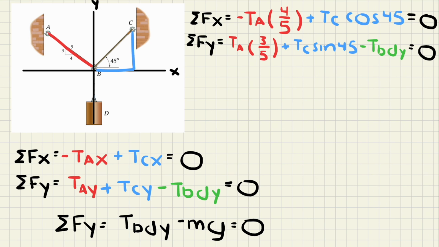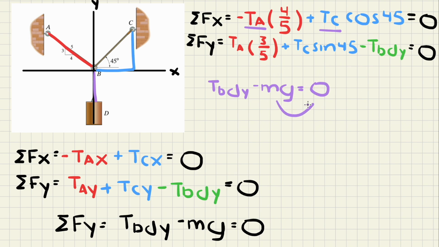So as of right now, we have 1, 2, 3 unknowns. So let's see if we can solve for any unknowns. We have this negative TB dy, and we have this second equation from our other one, which can give us the value for that. So TB dy, and again, that's this tension right here, minus mg is equal to 0.